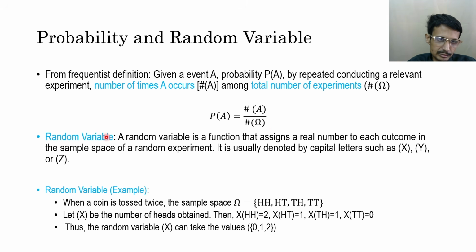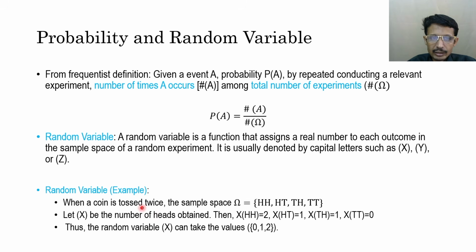Now there is a very important definition. What do you mean by a random variable? A random variable is a function that assigns a real number to each outcome in the sample space of a random experiment. It is usually denoted by capital letters X, Y, or Z. So basically, a random variable is a mapper that assigns a real number to each outcome in the sample space.